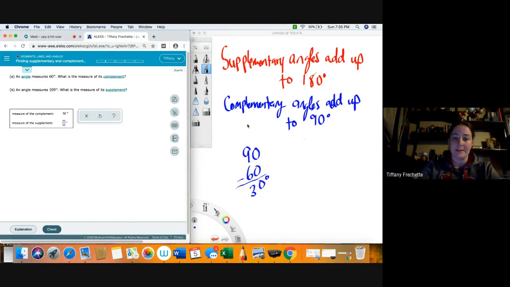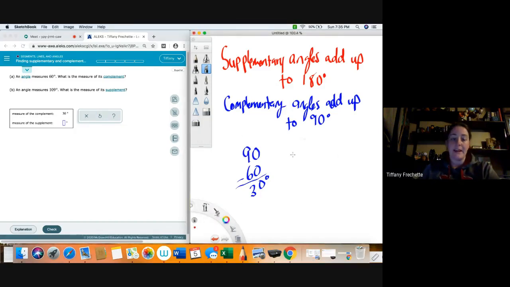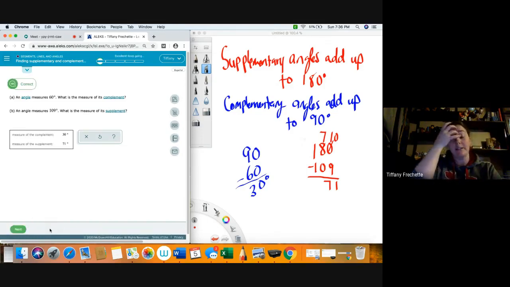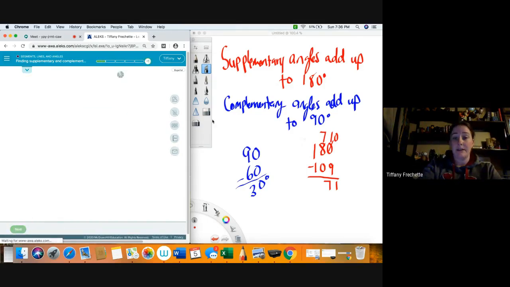All right, now we're going to find this next one. I'm going to switch over to red because this one says an angle measures 109 degrees. What is the measure of its supplement? The second I hear supplement, I know they add up to 180 degrees. They're telling me the angle is 109. I'm going to subtract. I have a bunch of borrowing here, and I get 71 degrees. And then I click check. Next.